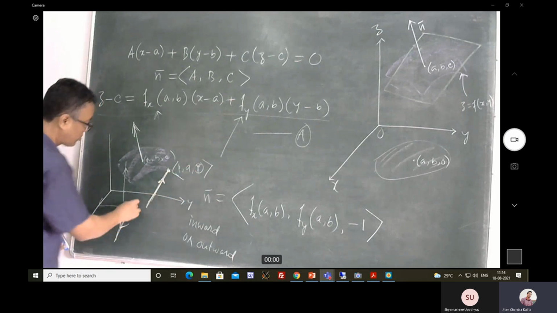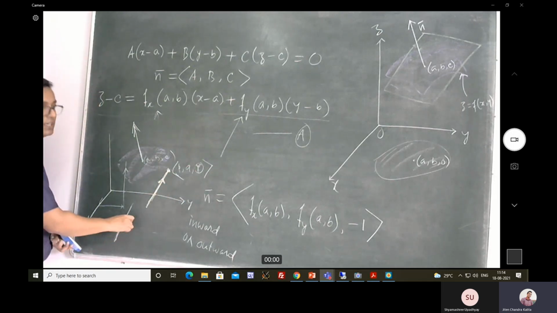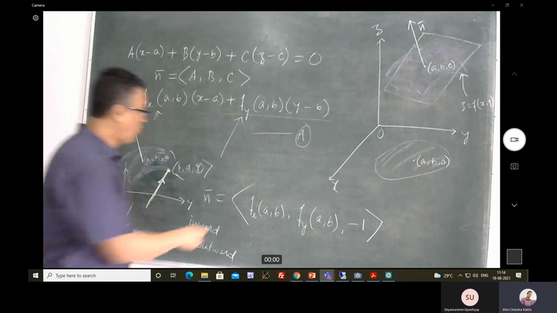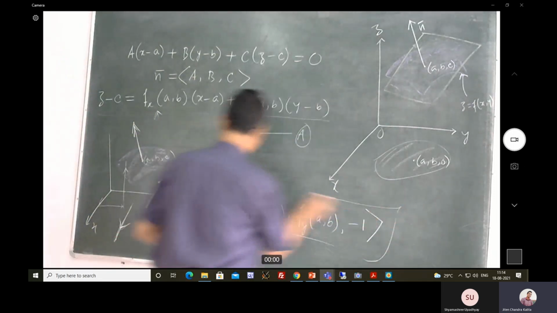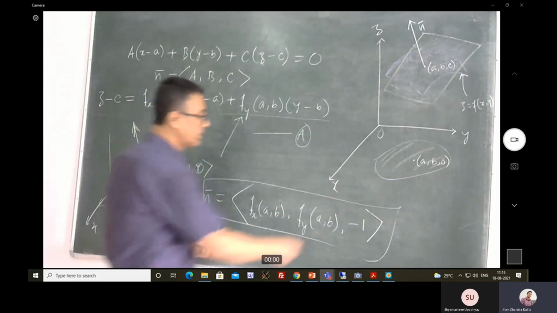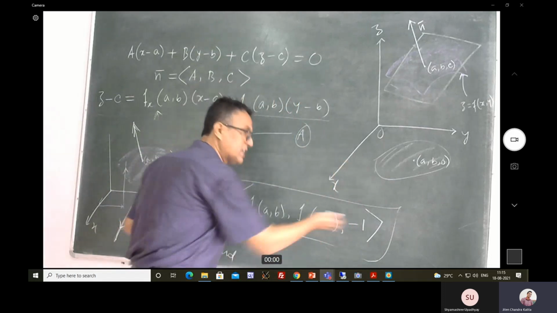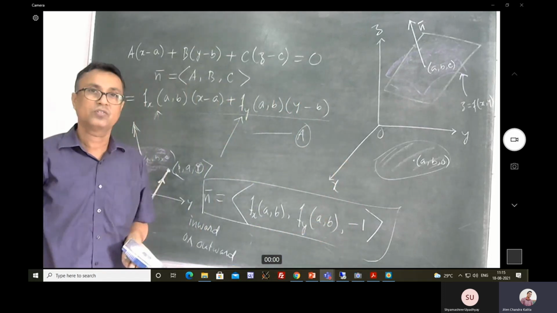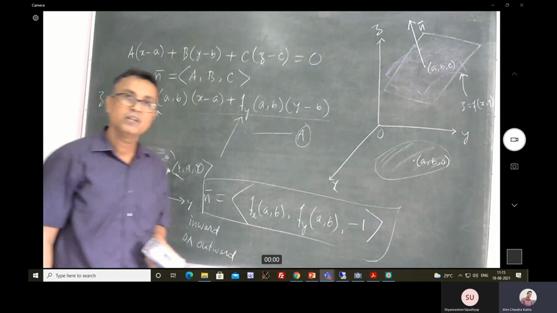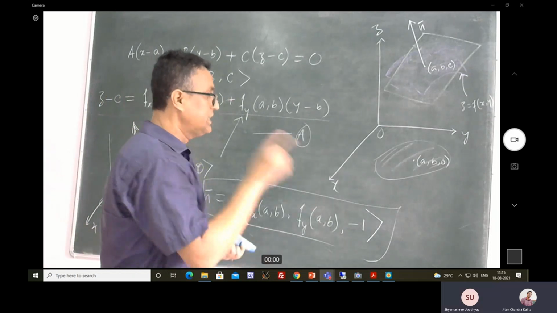Similarly, if it is negative, it has a downward direction. Now, obviously, the normal we found here has minus 1 as its third component, so its direction is going to be downwards to the xy plane.